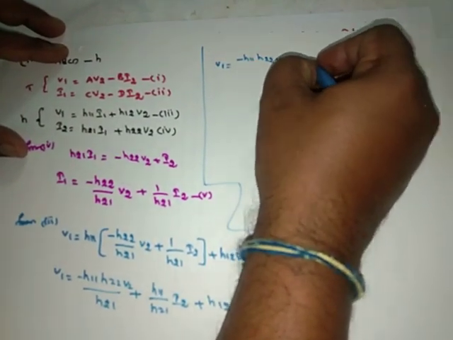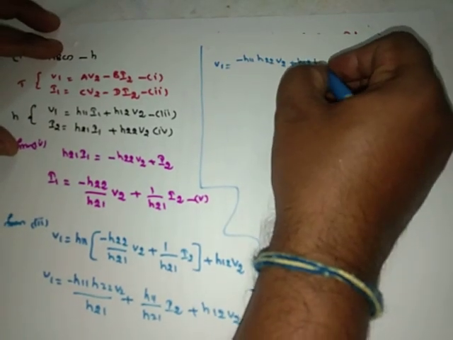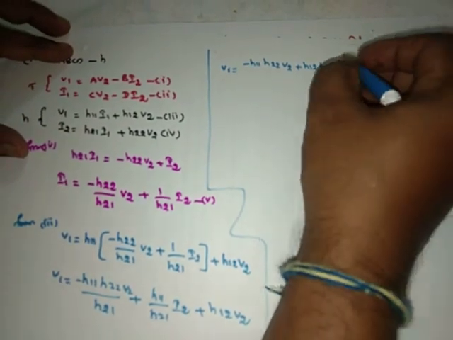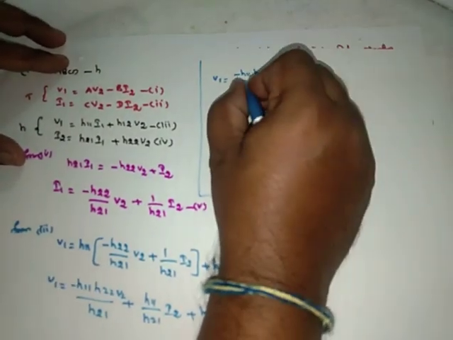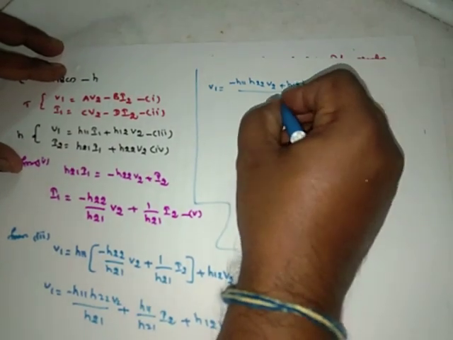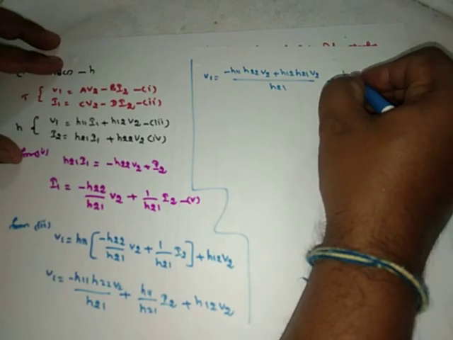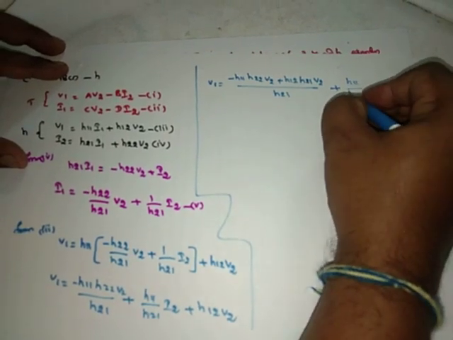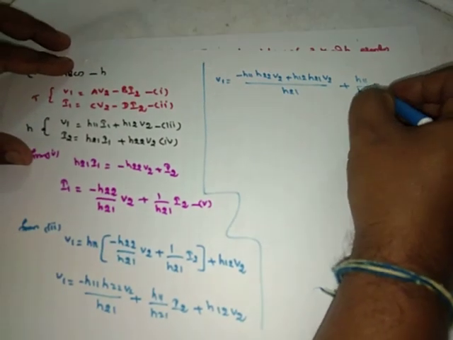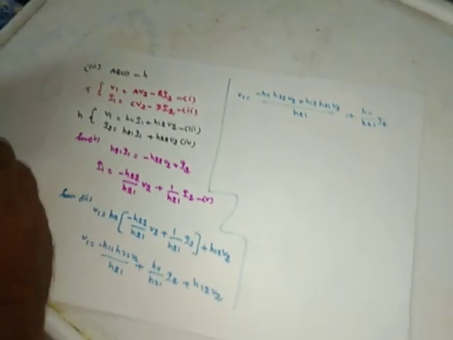plus h12 h21 v2 by h21 plus h11 by h21 i2. Further simplify.